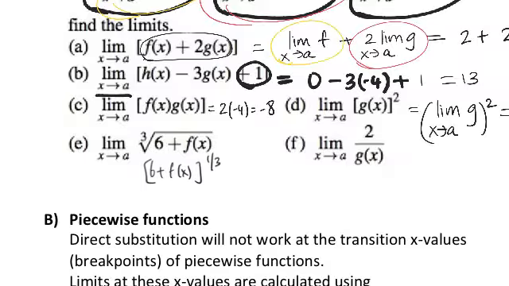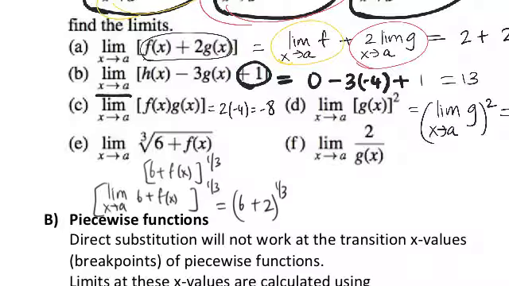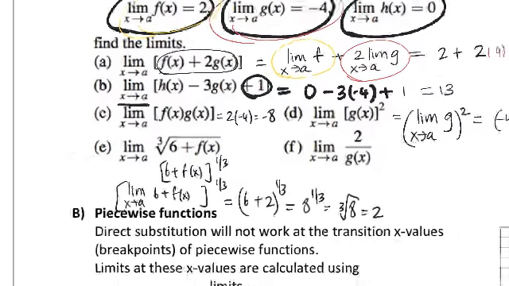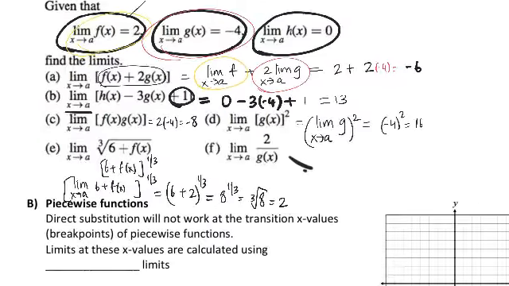So we can do the limit as x approaches a of 6 plus f of x, and then take that whole thing to the 1/3 power. I'm going to get a limit of a constant plus 2, and I'm basically taking that to the 1/3 power. That means 8 to the 1/3, or the cube root of 8, that's equal to 2. Let's see this last one here. The top is going to be 2, and the bottom is going to be negative 4, and so my answer is going to be negative 1/2.